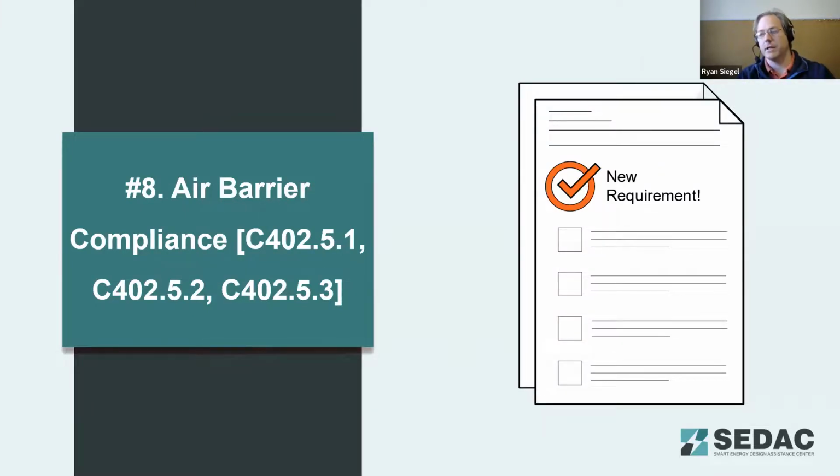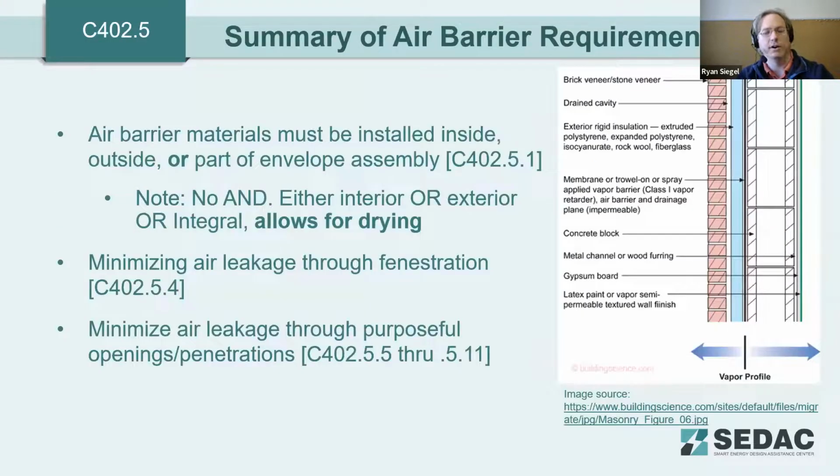This is one that has been a very large change. While it has been allowed that your air barrier, or air control layer, as industry may prefer, can be installed on the inside, outside, or as part of the envelope assembly.